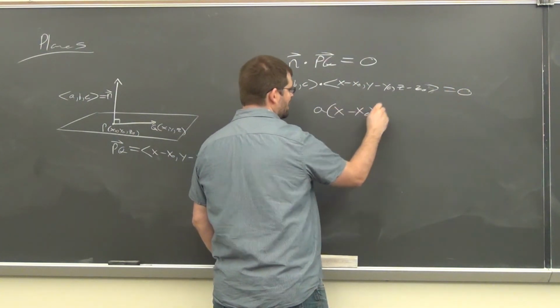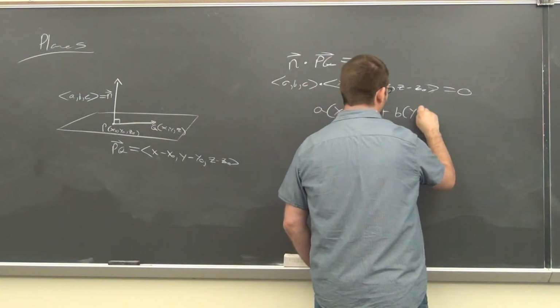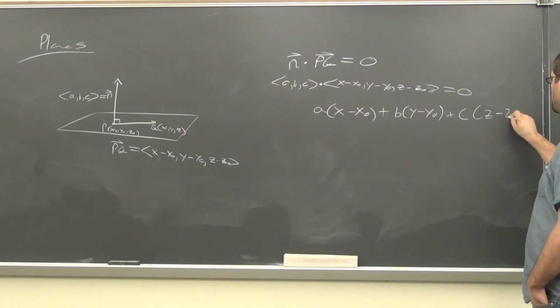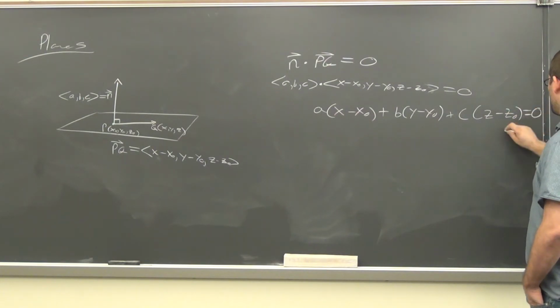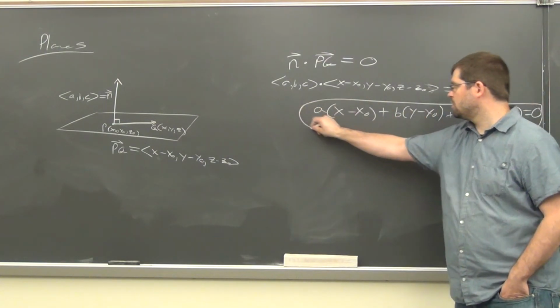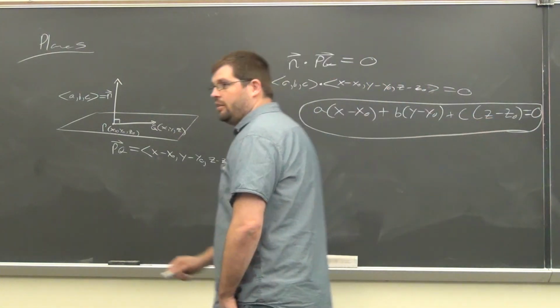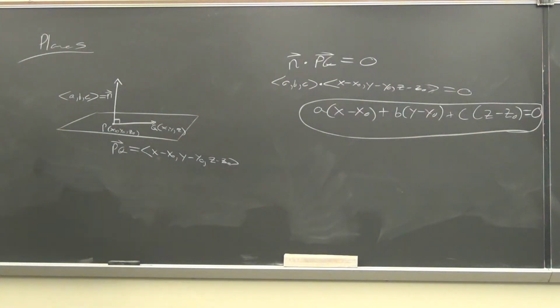A times x minus x naught plus b times y minus y naught plus c times z minus z naught equals 0. That's the equation of a plane through the point x naught, y naught, z naught, and perpendicular to that normal vector a, b, c. Okay?